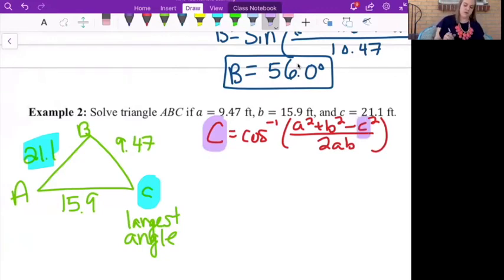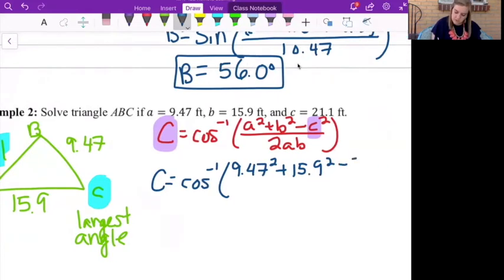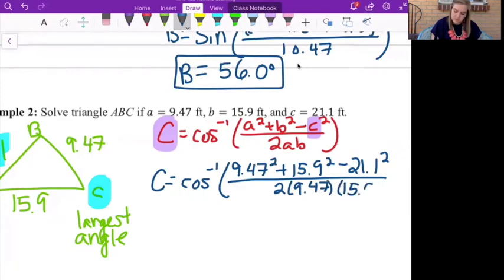So when we go to write this out, we get that C equals cosine inverse of 9.47 squared plus 15.9 squared minus 21.1 squared all over 2 times 9.47 times 15.9.